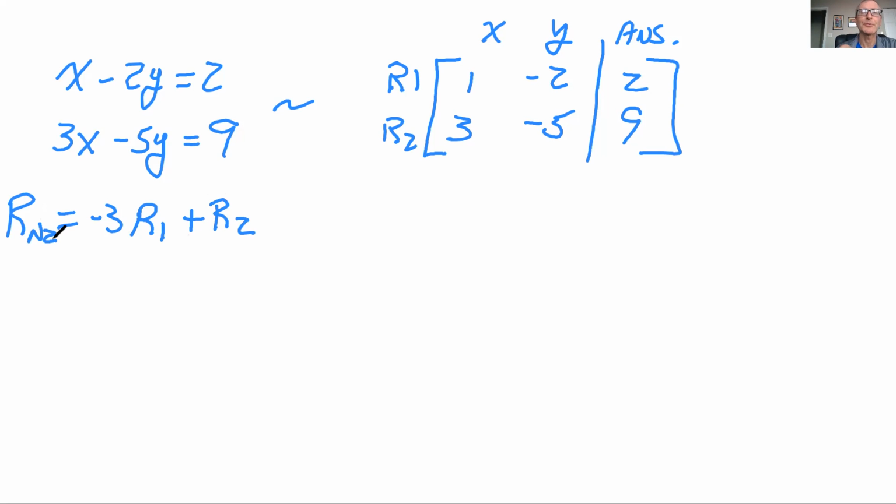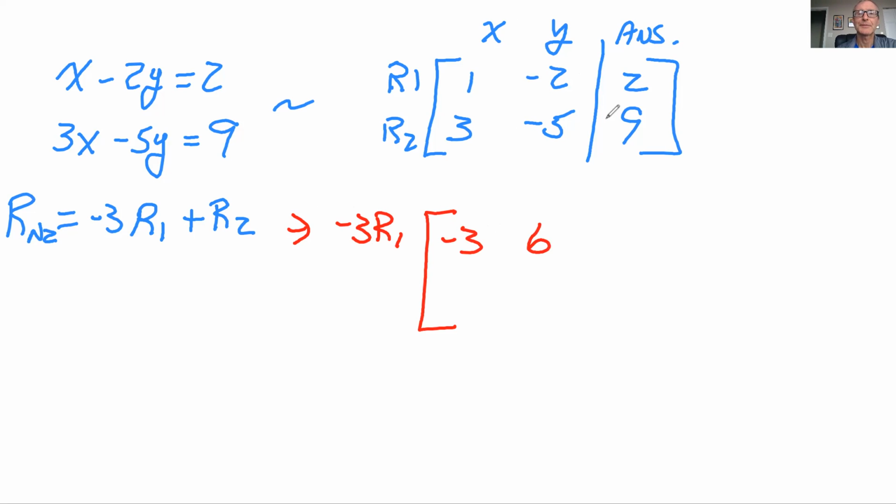Let me walk through these step by step. First step, we're going to multiply row 1 by minus 3. So minus 3 times 1 is minus 3. Minus 3 times minus 2 is 6.